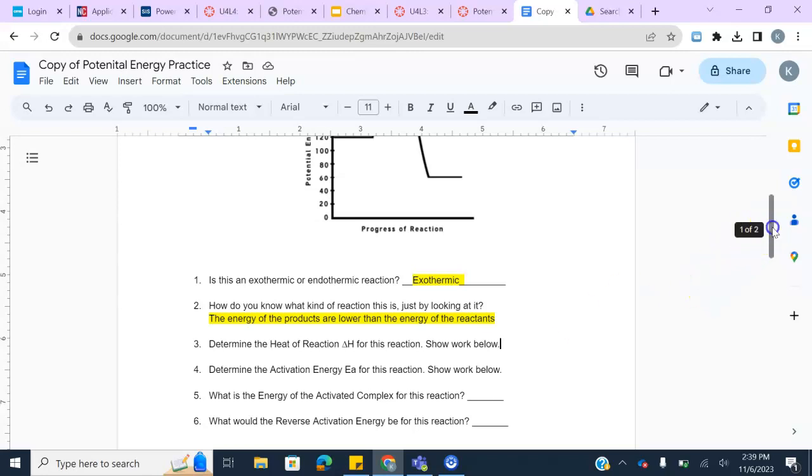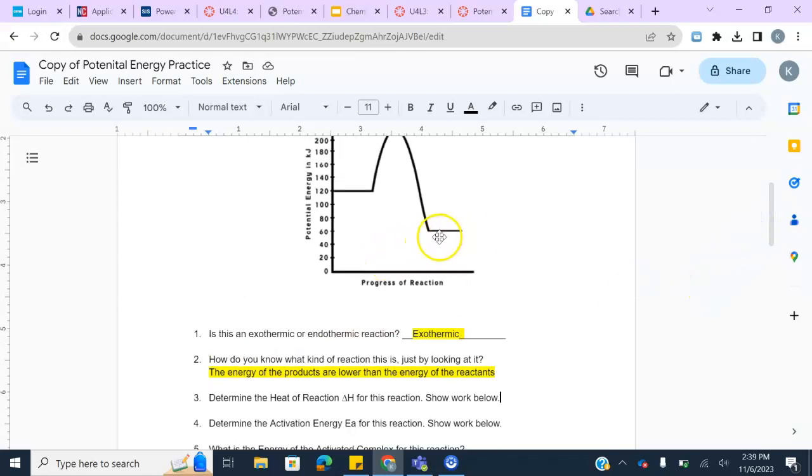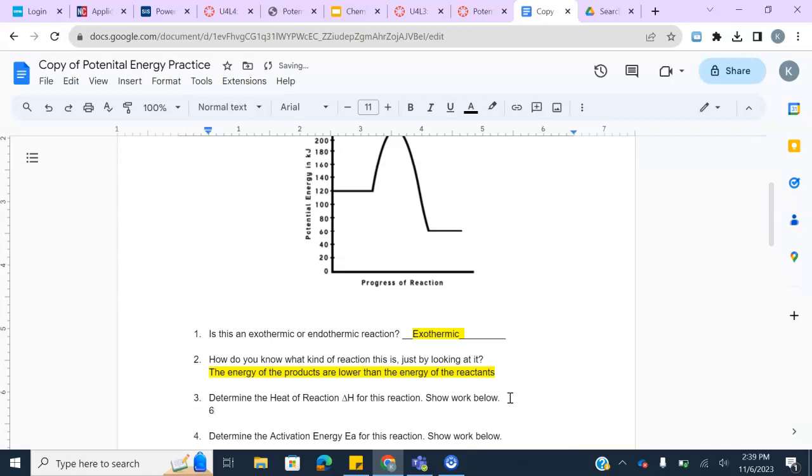Okay, so if I'm looking at this diagram, my energy of my products is 60 kilojoules, because if we look, our y-axis is in kilojoules, so we're going to do 60 kilojoules minus the energy of our reactants, which is 120.